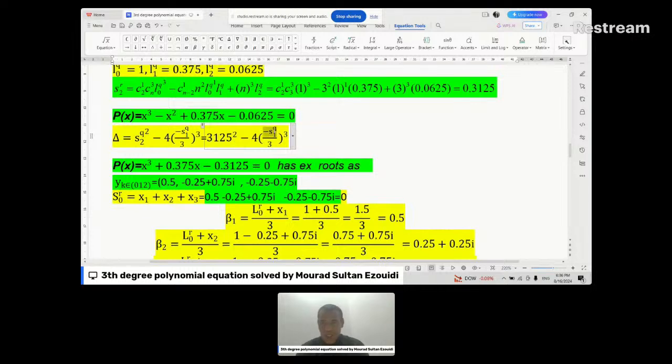Now I'm going to change this. Total negative what? Negative 0.375 raised to the power 3. I will use my calculator.